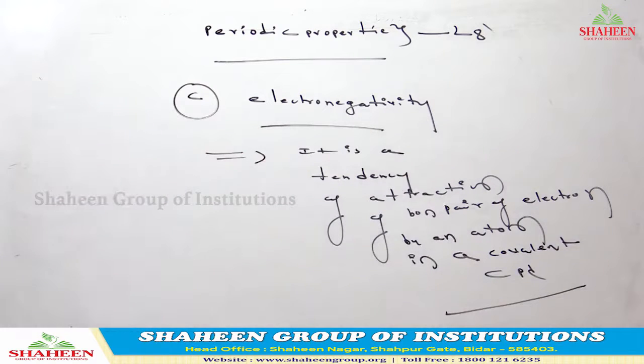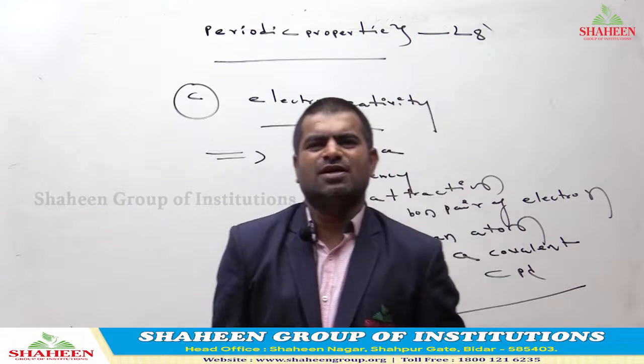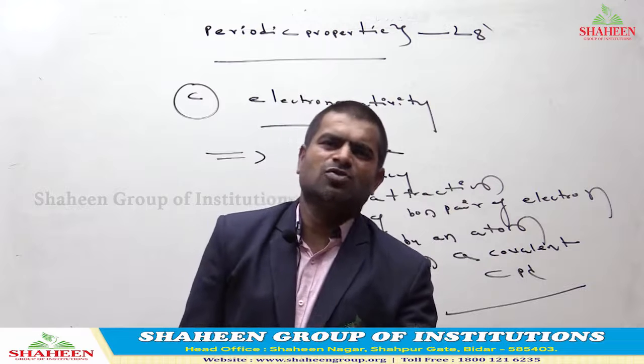This is called electronegativity. Electronegativity is the tendency of attraction of electron density from the bond towards an atom.